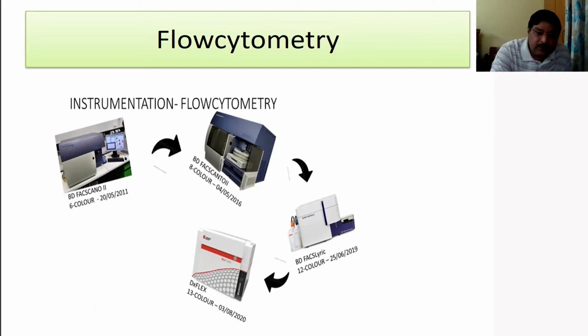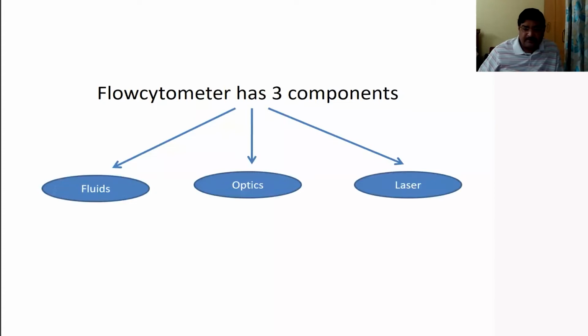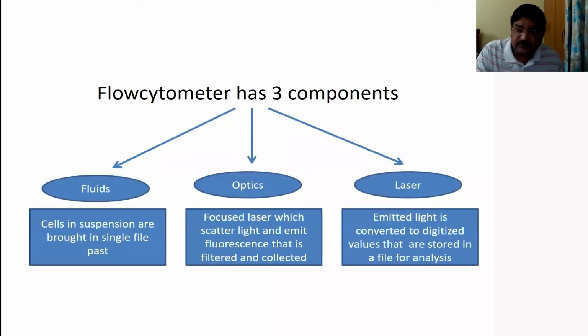Why is it so? Because the flow cytometry cost is coming down. If the colors are more, just one tube will run all the important markers and you can come to a conclusion, whereas with fewer colors, you have to have more tubes. So that is the principle of flow cytometry, where you have just 3 things that you need to look at. Next, please. What you get is 3 components to a flow cytometer. One is fluidics, the other is optics, and the third is the electronics and analysis of data. In the fluidics, you have the cells which run in a single cell suspension.